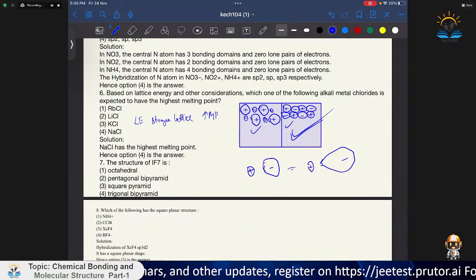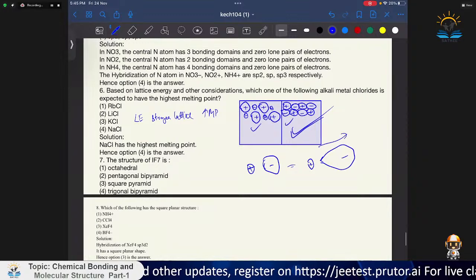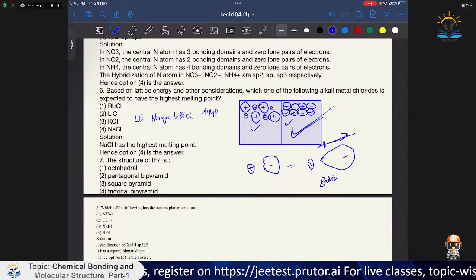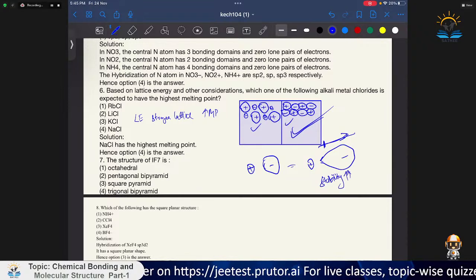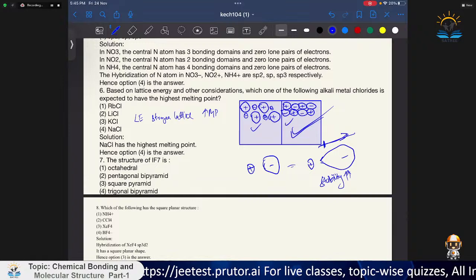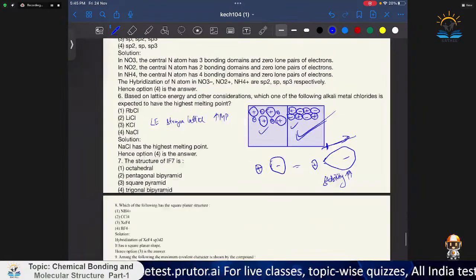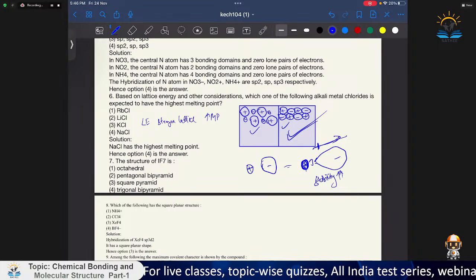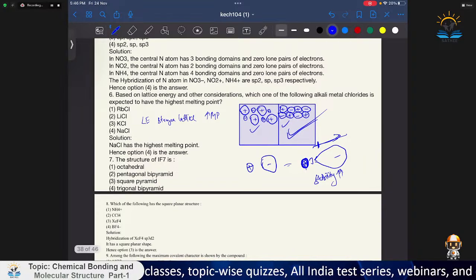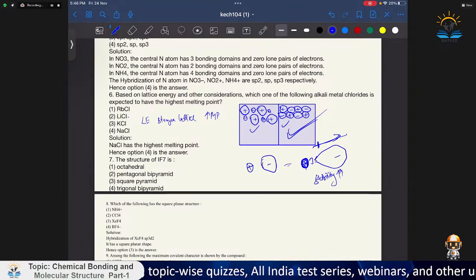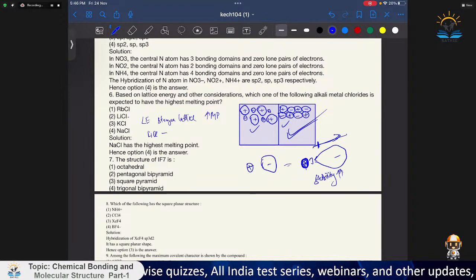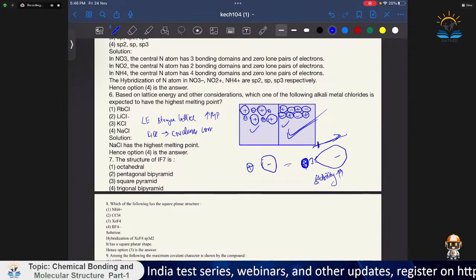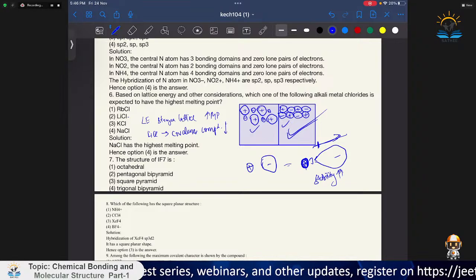It is being distorted. Because of this distortion, polarity is generated and stability increases. So the smaller the cation, the denser the positive charge on it, the more it will be able to polarize. Now we can see that lithium is the smallest cation, but LiCl is a covalent compound. So the melting point is drastically low.